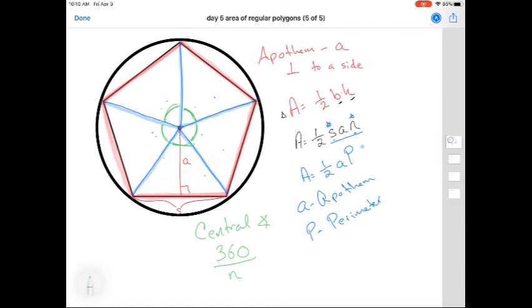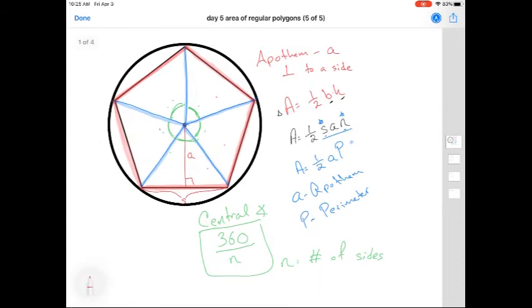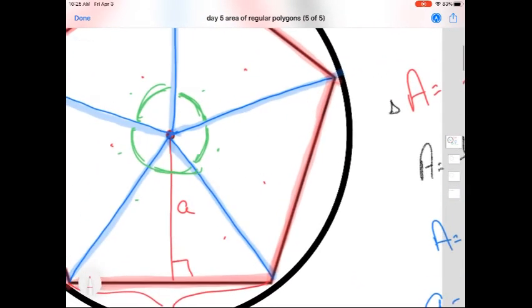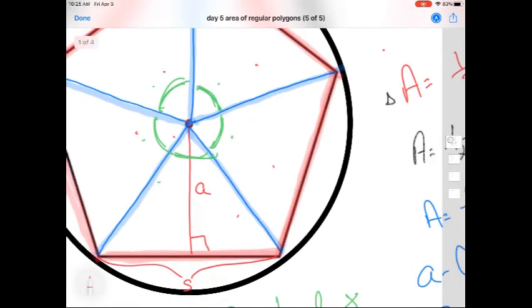And so here we have a formula to find central angle, where n is number of sides. And so you're probably wondering, why do I need to know the central angle? Well, you're not always going to be given the apothem, and so we're going to have to, at some point, be able to calculate the apothem.